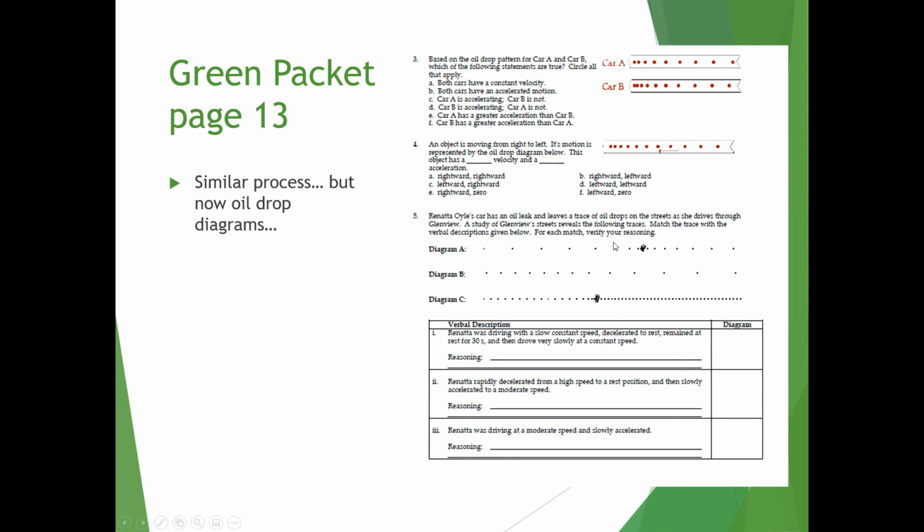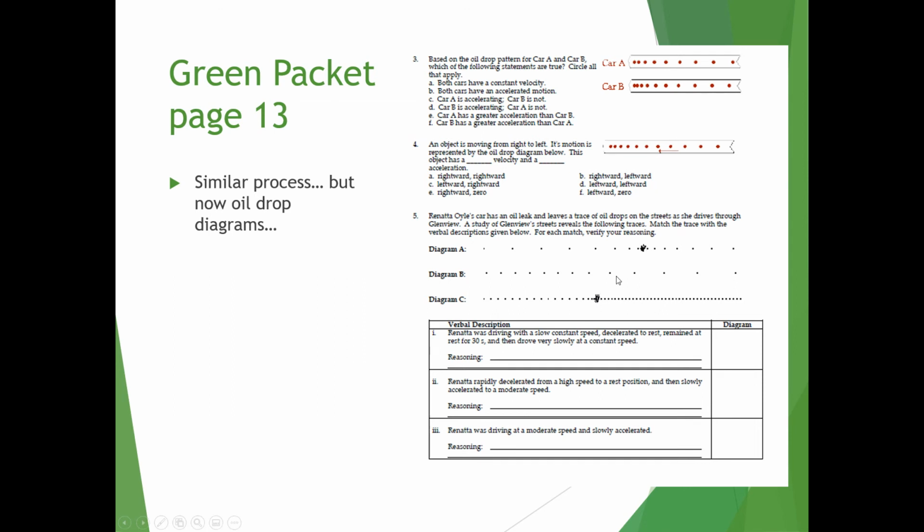So if we take a look at these, let's look at the verbal description. The first one says, Renata was driving with a slow, constant speed, decelerated to rest, remained at rest for 30 seconds, then drove very slowly at a constant speed. So which one of these looks like they start with a slow, constant speed, decelerate to rest and stay there, and then still drive very slowly at a constant speed?